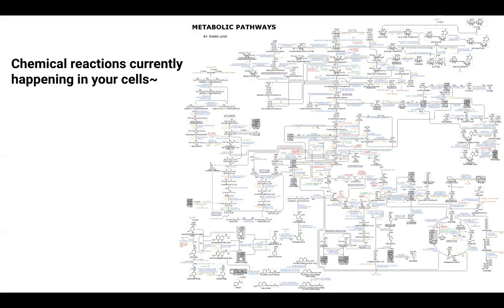Now, if you look at this extremely complicated diagram, it's a collection of most of the chemical reactions that happen inside a particular part of the cell. And that's not all the chemical reactions. There are hundreds and thousands of chemical reactions that happen inside the body, inside the cell, every single second.